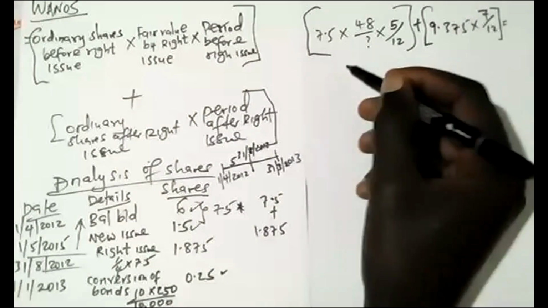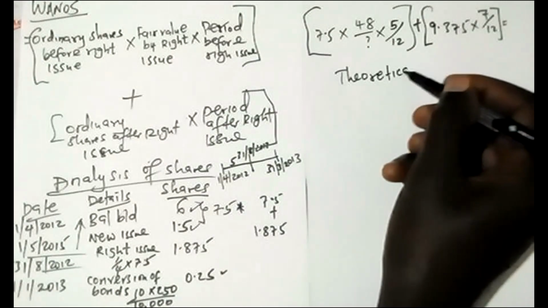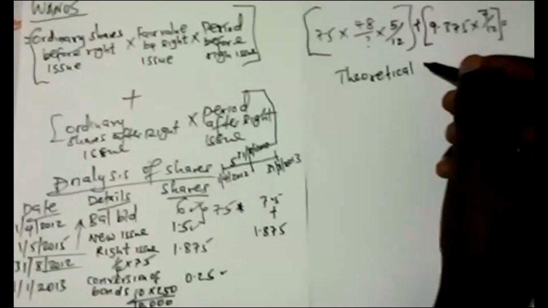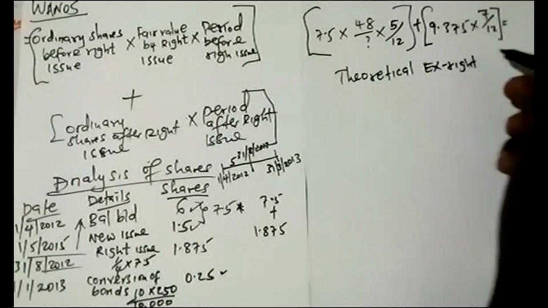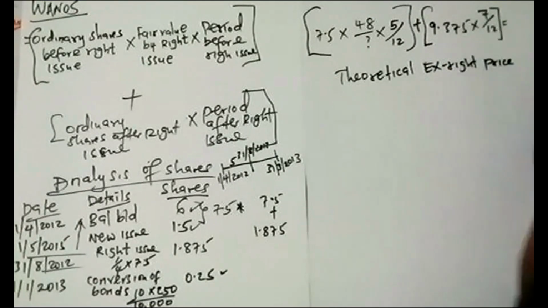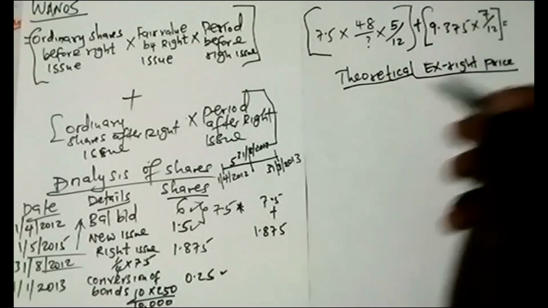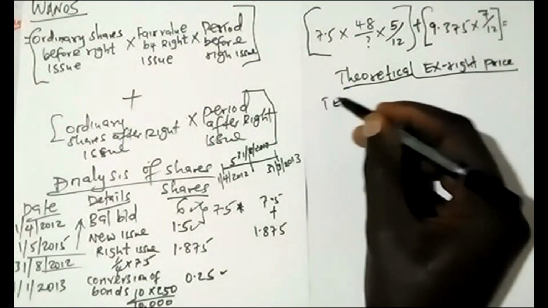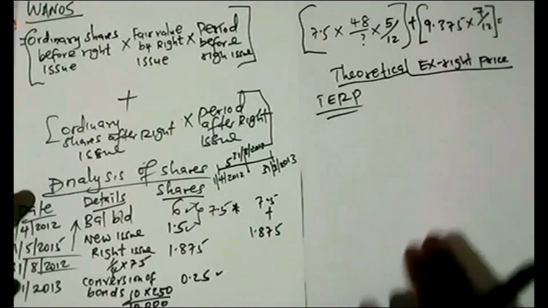So what I'm remaining with is how to get the theoretical ex-rights price, the TRP. This one has a formula, but I always ignore that formula, and I will give you a shorter way on how to get it.